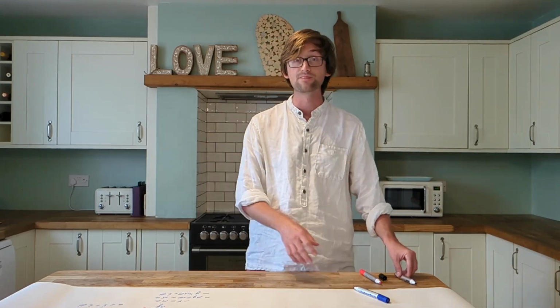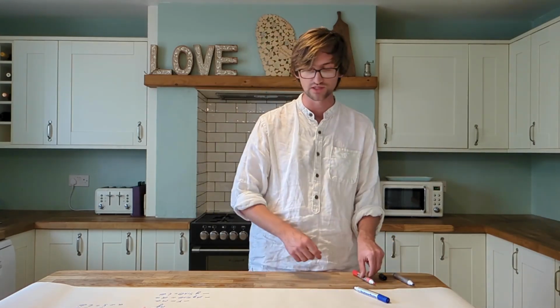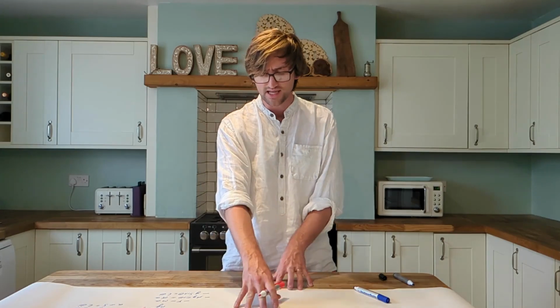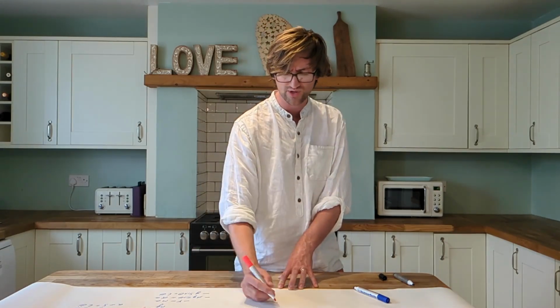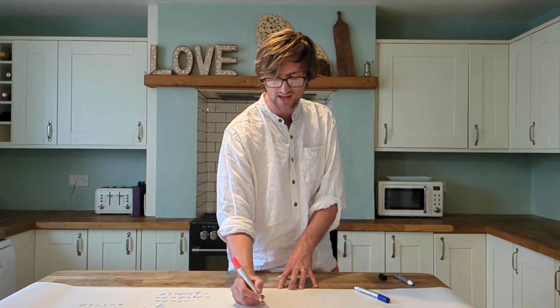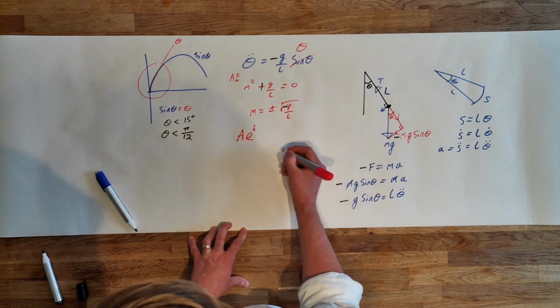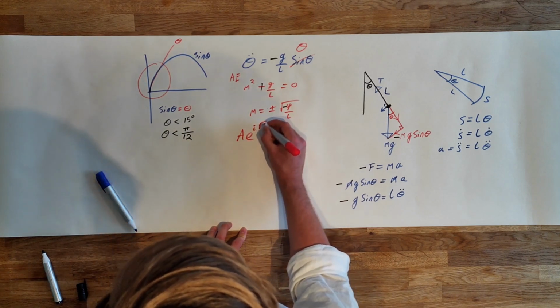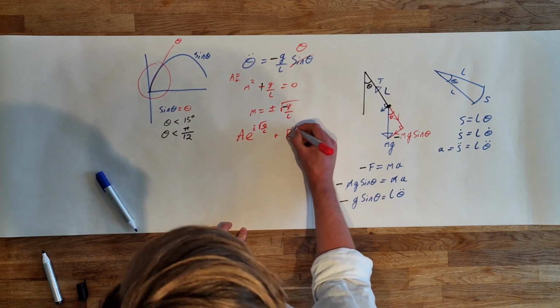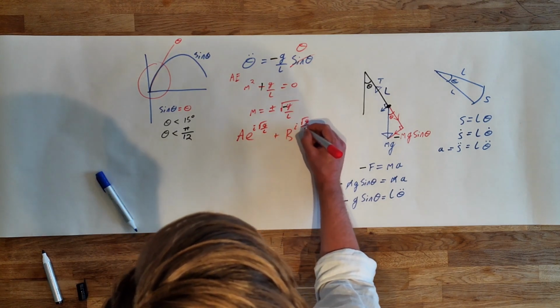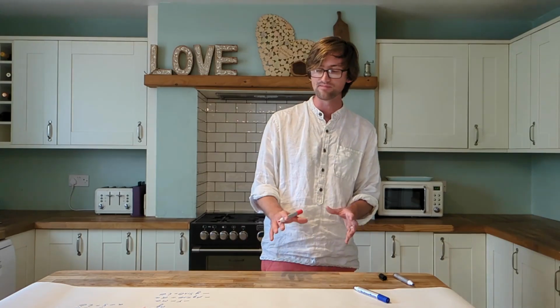Oh, goodness me. That's just made it even more confusing when doing the auxiliary equation, though, because now we've got an imaginary component of this square root, which means our equation should take the form something like a e to the i square root g over L plus b i to the square root g over L, and it all gets a little bit messy.